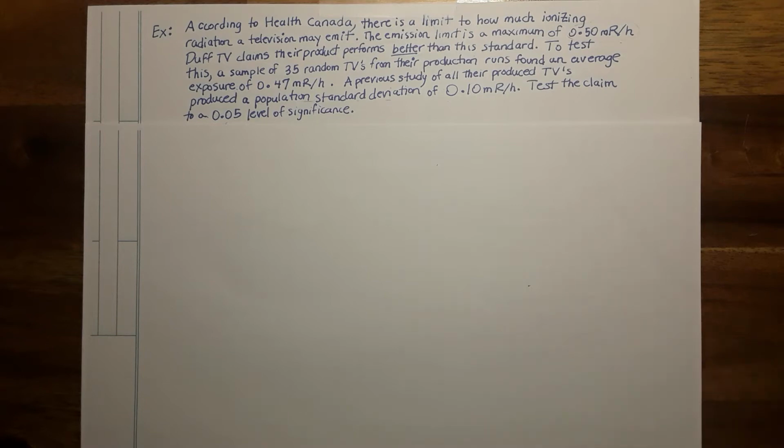So here is a typical example. According to Health Canada, there is a limit to how much ionizing radiation a television may emit. Now, this used to be a significant issue when televisions were primarily cathode ray televisions, where a beam of electrons would be emitted, and then when it crashed into a screen, those electrons would decelerate and cause luminescence on a screen.